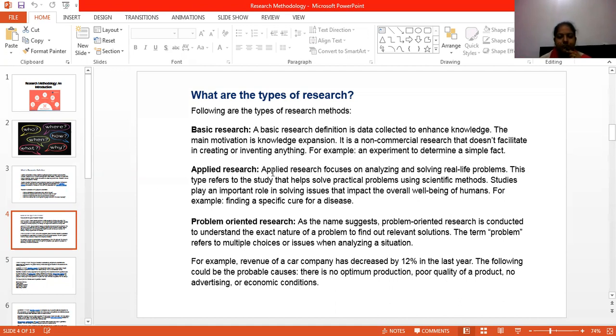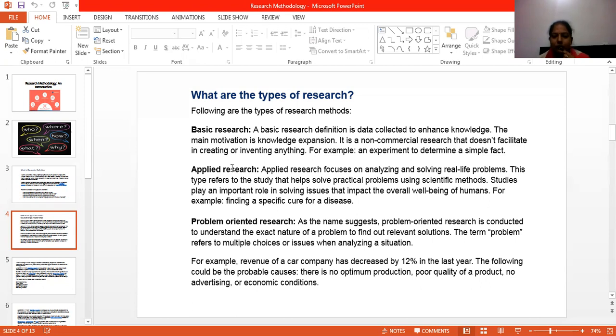Applied research. Applied research focuses on analyzing and solving real-life problems. This type refers to the study that helps solve practical problems using scientific method.